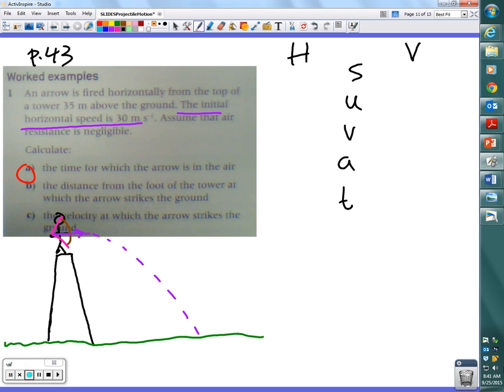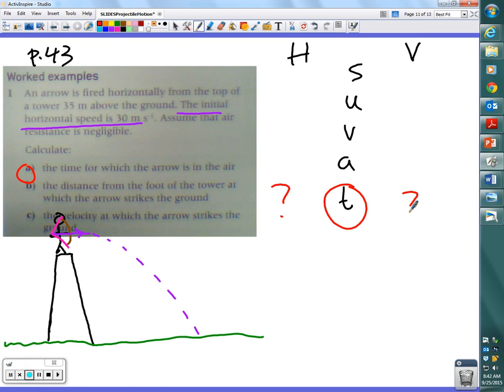What is question A asking us for? Time. And time shows up down here at the bottom. But which time? Both times. Time is the only special one in this list, because the horizontal and vertical motions are occurring simultaneously, meaning the time is the same.